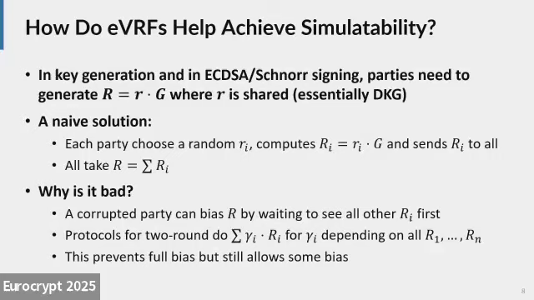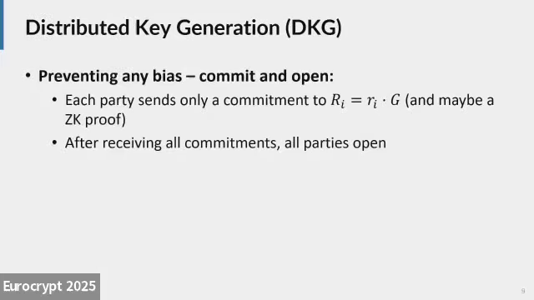So if it's really important for me that the third byte of big R is going to be all zeros, I can easily do that. Okay, so you can certainly bias, and once you can bias, you cannot achieve full simulatability, because full simulatability basically means I'm getting this standalone generated signature that was generated by a trusted party, and I need to somehow make the execution equal that. So all of these approaches completely fail when you want composition.